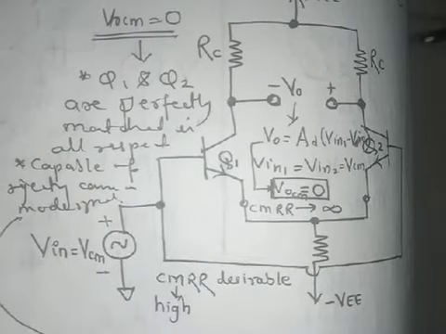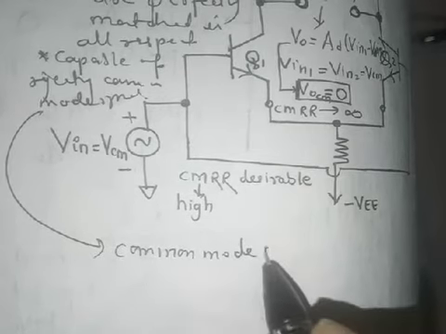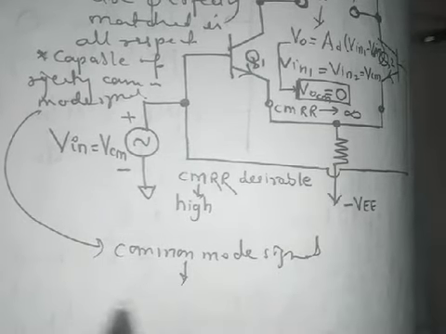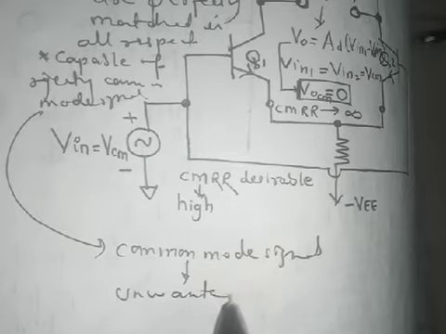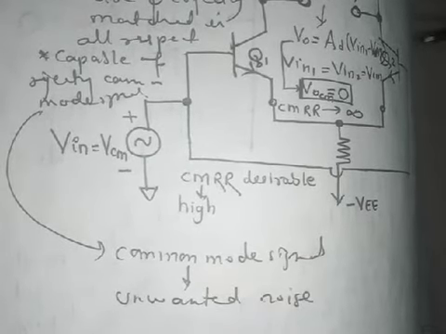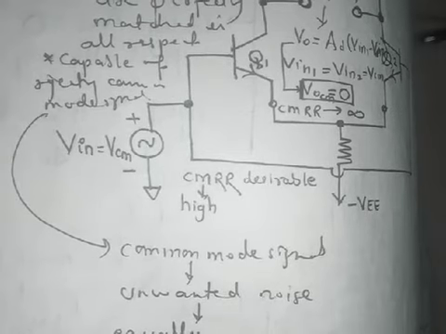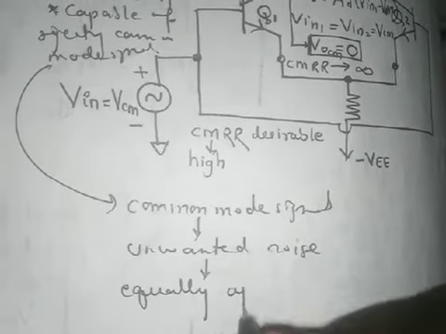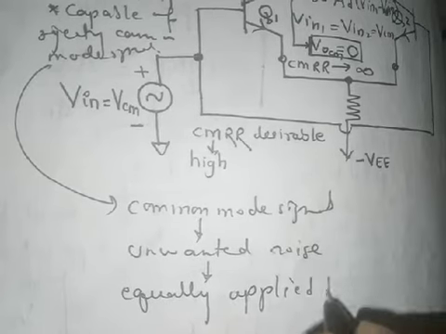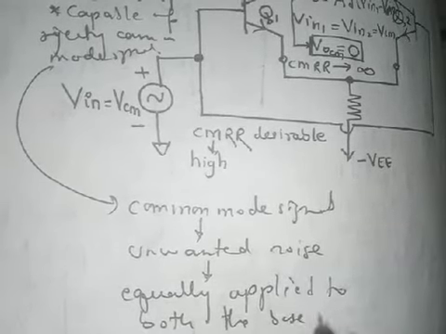Now, what is the need of rejecting the common mode signal? We assume that common mode signals are nothing but unwanted noises. Whenever noise comes into your differential amplifier, the noise will be equally applied to both the terminals, both the base terminals.